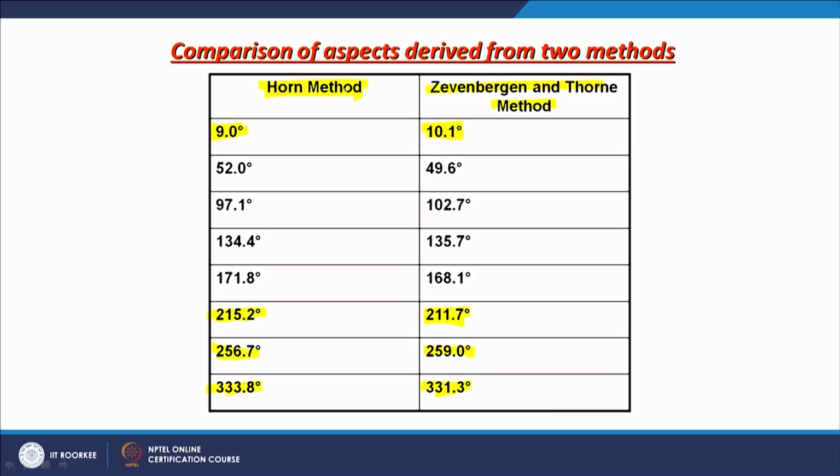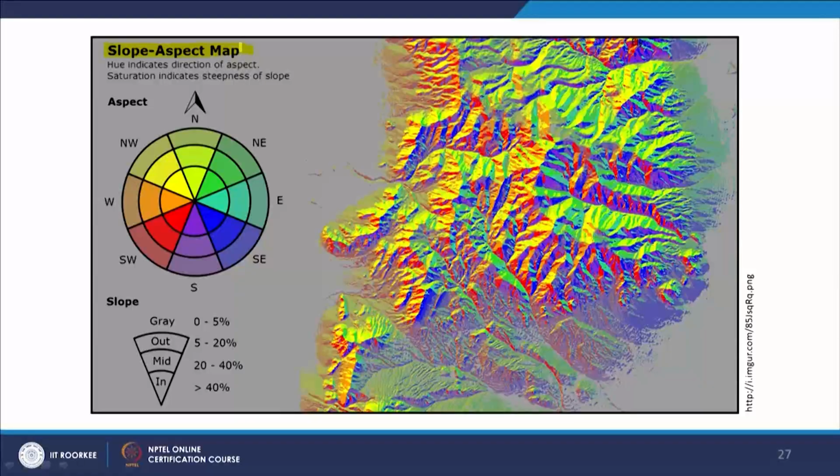Another important thing is that once you have created a slope map, and you have also created an aspect map, you can combine these two maps and create a new output which would be more useful than the individual maps. And this is what has been done, the slope and aspect map, which is very interesting.